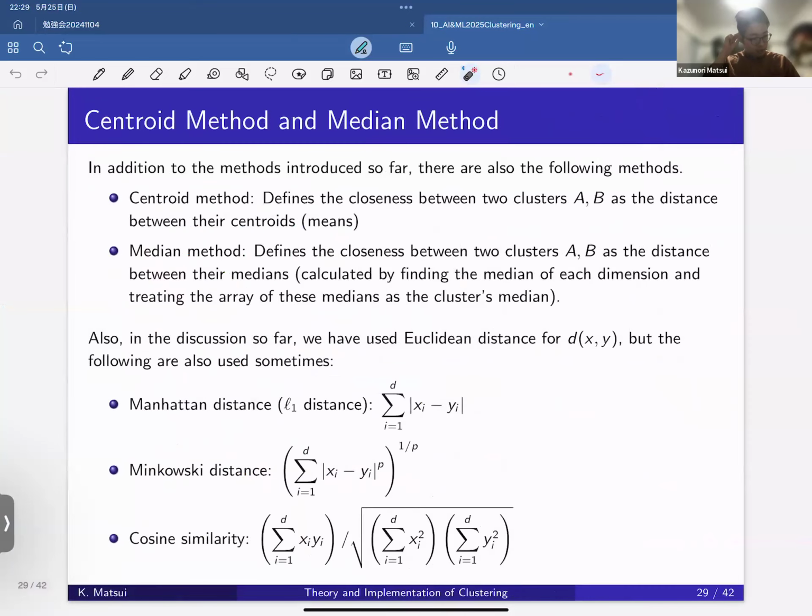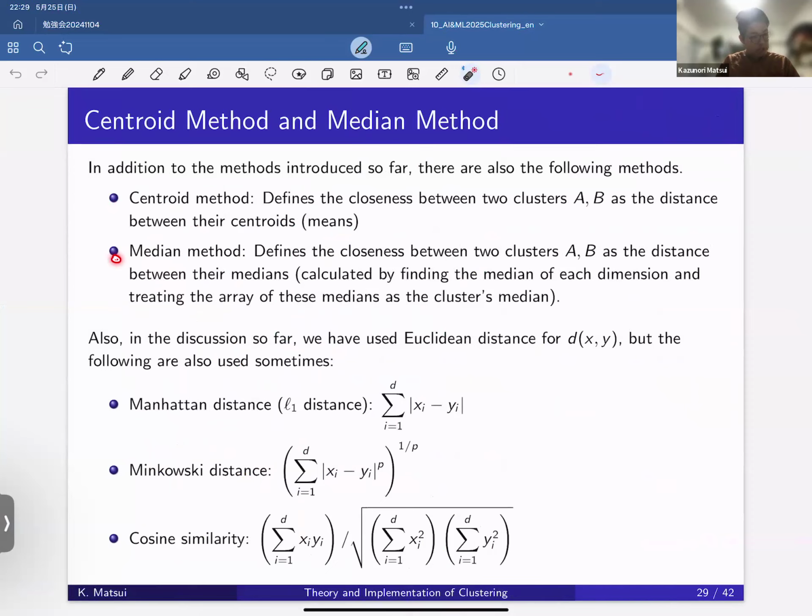In addition to the methods introduced so far, there are also the centroid method and the median method. The centroid method defines the closeness between two clusters as the distance between their centroids, and the median method defines the closeness between two clusters as the distance between their medians.